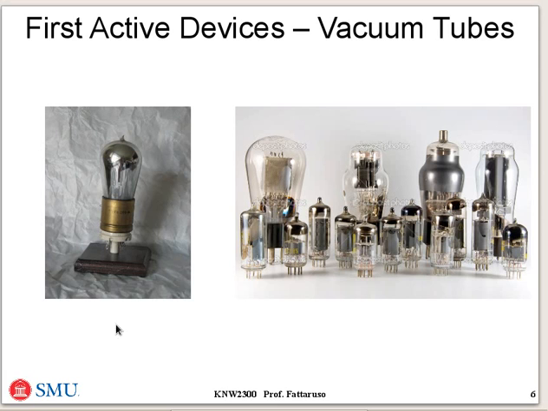Here's a picture of a Type 01A vacuum tube, one of the very first commercial units available. This is a picture of a tube actually from my personal historical collection, and it dates back to something around 1910, a little difficult to date it exactly, but the first decade of the 20th century.